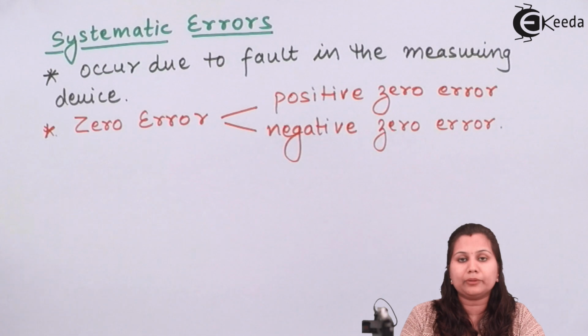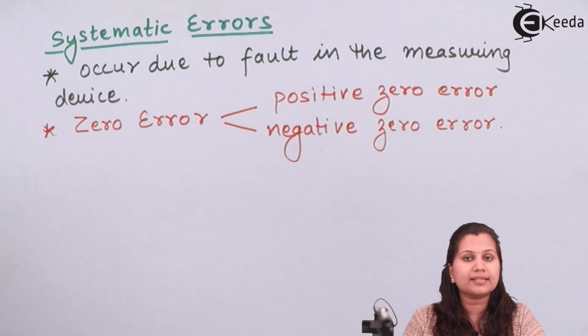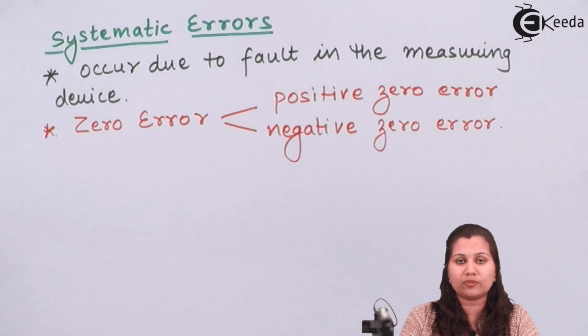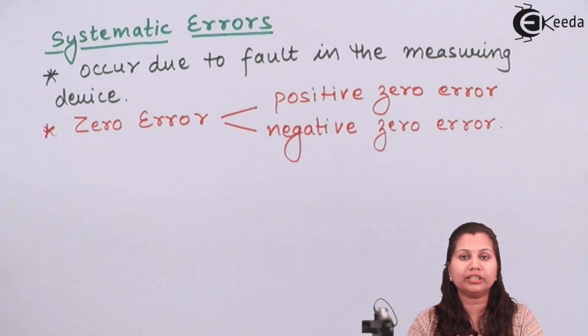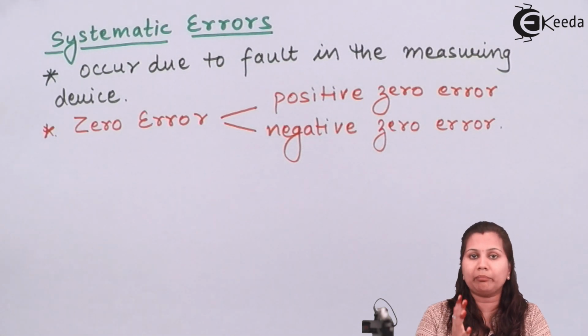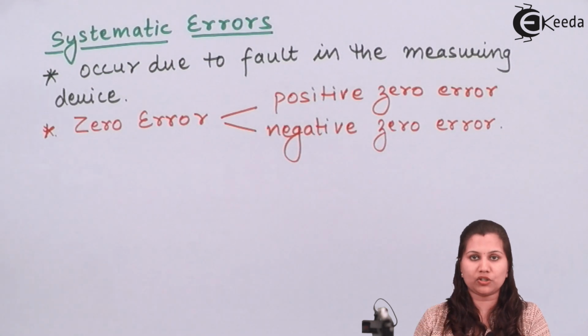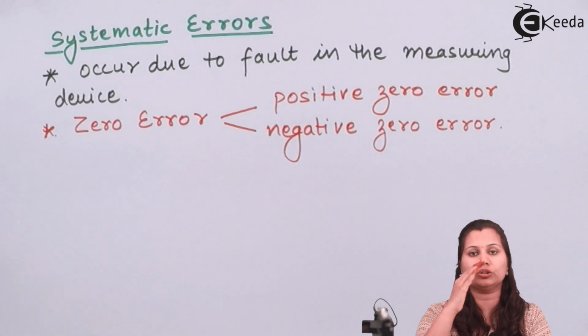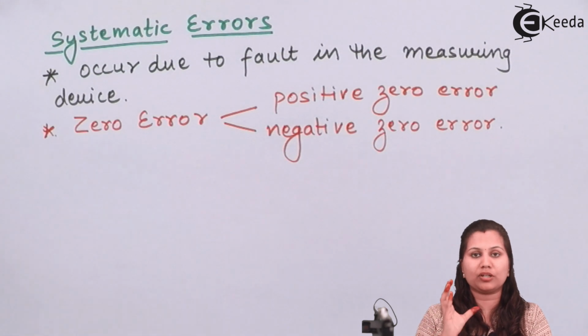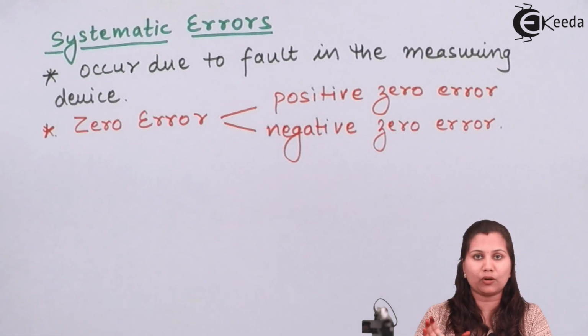A well-known example of systematic error is the zero error. Zero error occurs in those instruments which are of indicating type. Indicating type means we have a pointer there, and due to the deflection of the pointer, we can measure the unknown quantity. This pointer moves over a scale, and this scale has various divisions on it, suppose from 0 to 100 amperes of current.